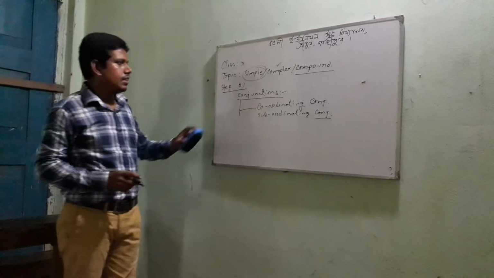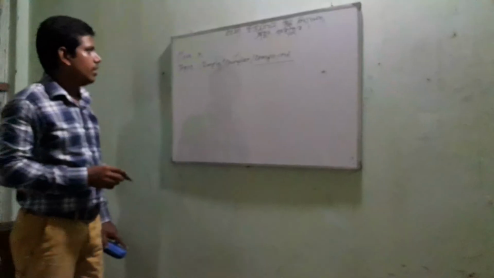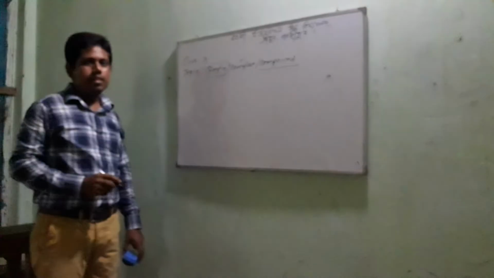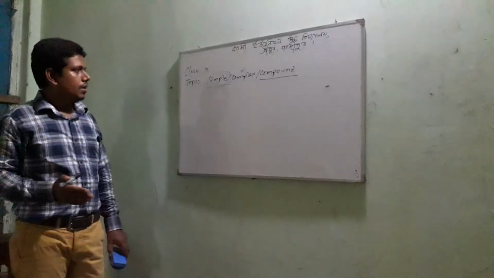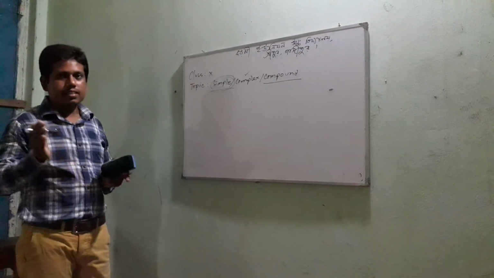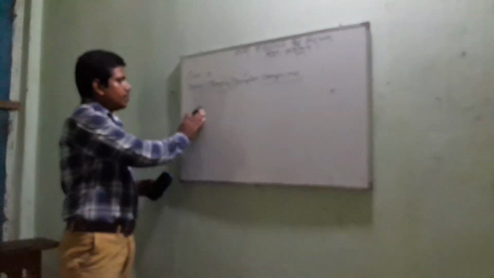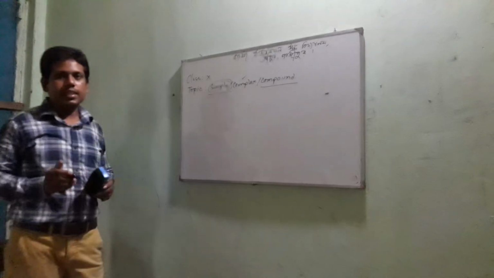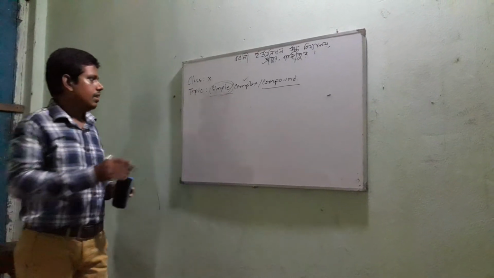What is a simple sentence actually? A simple sentence is a kind of sentence where you will find a subject and only a predicate, a subject and a finite verb that completes the action of the sentence.